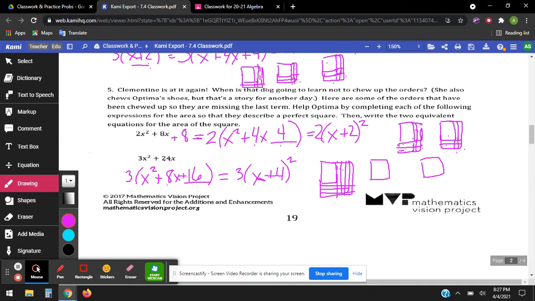So then each one would have 1, 2, 3, 4, 5, 6, 7, 8, 9, 10, 11, 12 of these guys. So 12 times 3, or no, 4 by 4, 16. So I have 16 on each one. 16 times 3 is 48. So to finish this up, it would be 48. There's 16 of the little guys on there, and I'd have to have it on each of those.